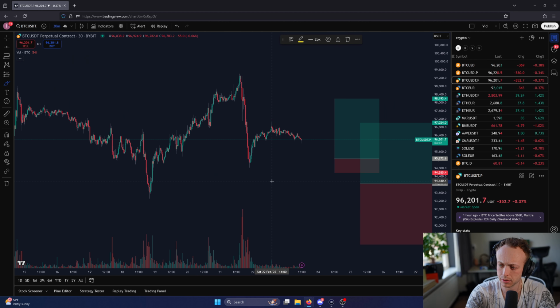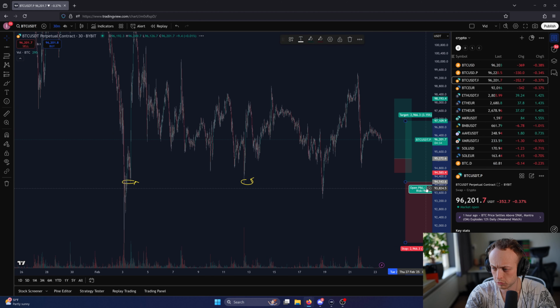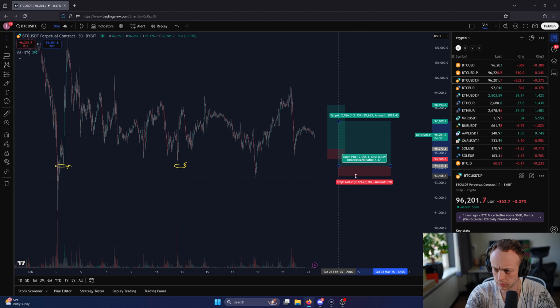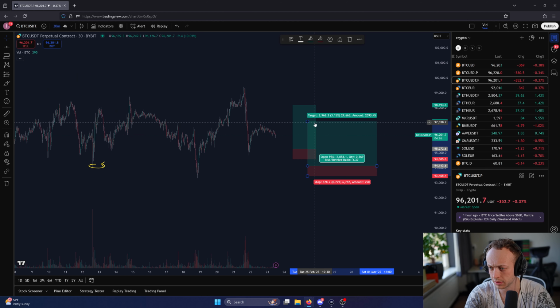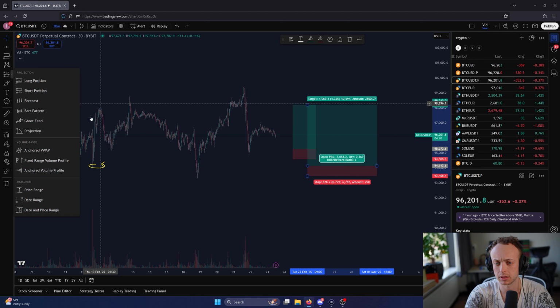Maybe a little bit higher because I see this right here. So stop loss again. I will put it in the wick. Yeah, that's fine. Target. Same target. Nice risk to reward ratio.